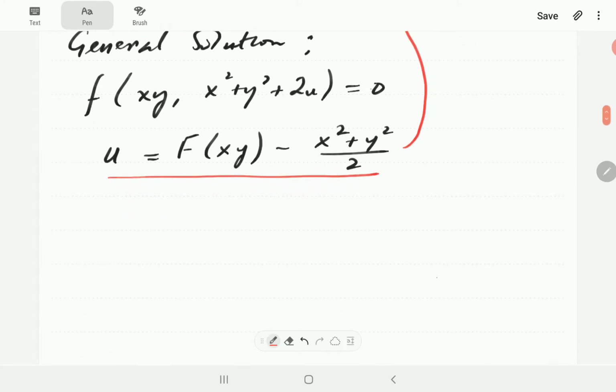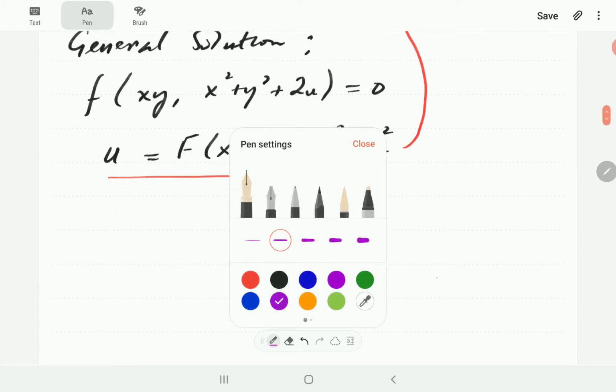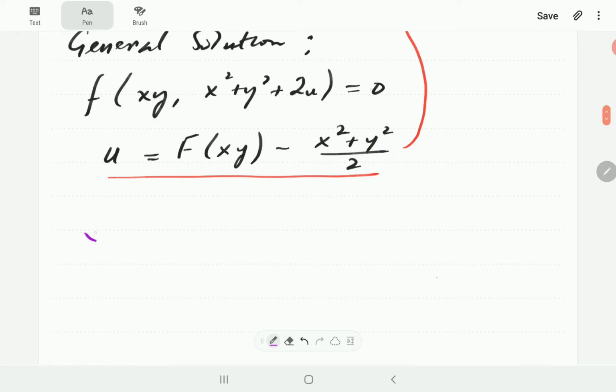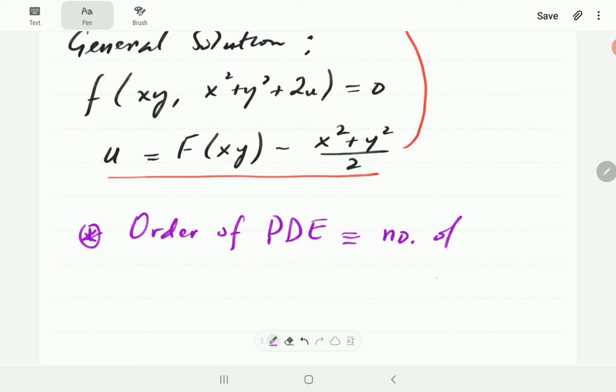Alright, so just two things to note before we look through the examples. The first one is that the order of the PDE is always going to correspond to the number of arbitrary functions in your general solution.